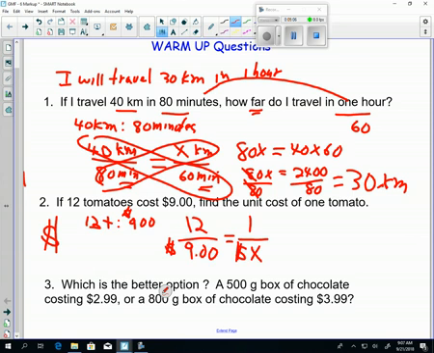That's a dollar sign, x. I don't know what it's going to cost for one. So then I cross multiplied, and I had $9 divided by 12, x.